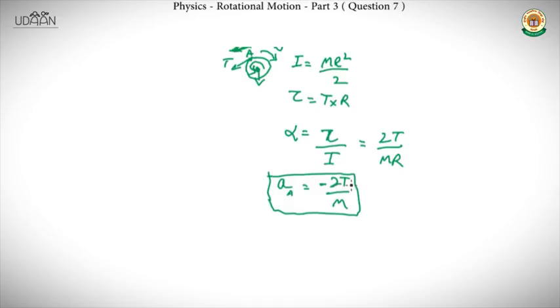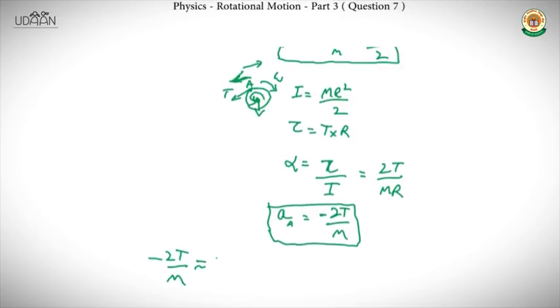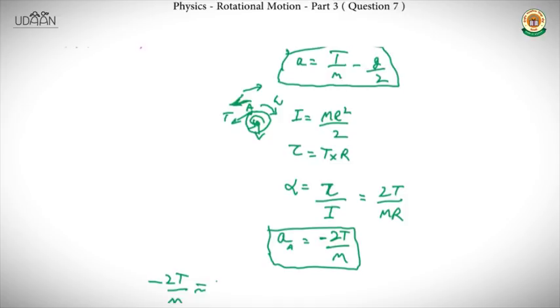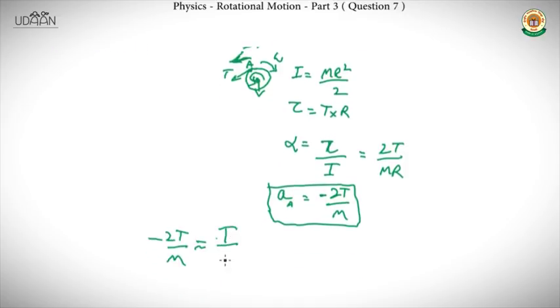I hope the negative sign is clear to you. Now we equate both the accelerations: minus 2T by m equal to the acceleration we found over here, T by m minus g by 2.